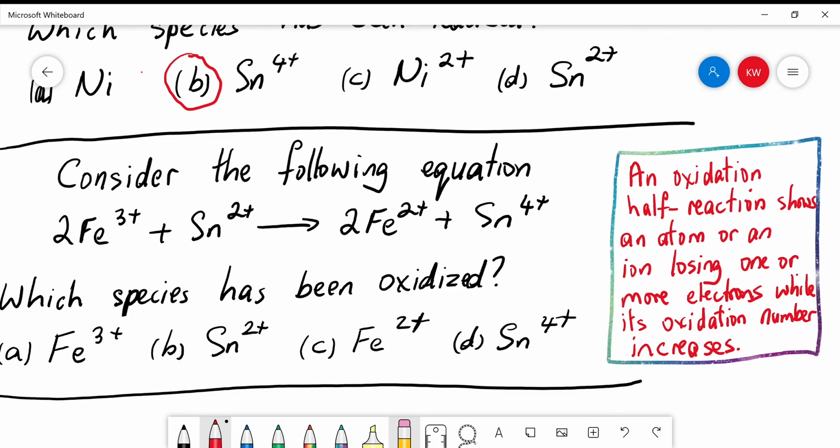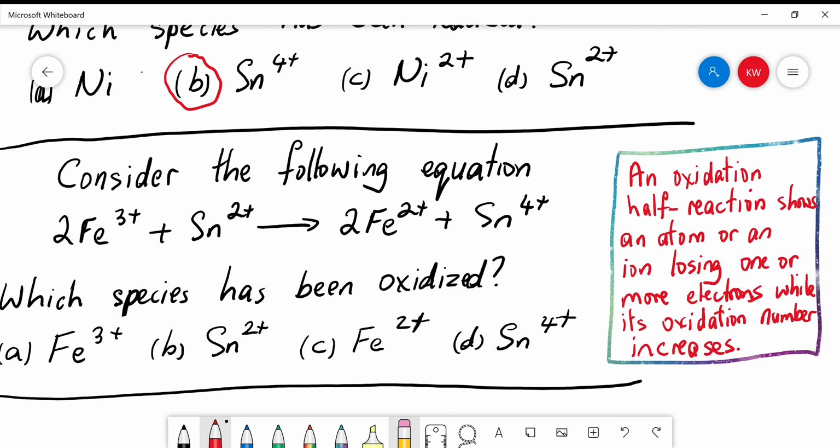So we're going to now look at an oxidation half reaction. An oxidation half reaction shows an atom or an ion losing one or more electrons while its oxidation number increases. So an oxidation reaction results in an increase in oxidation number and we're losing electrons.